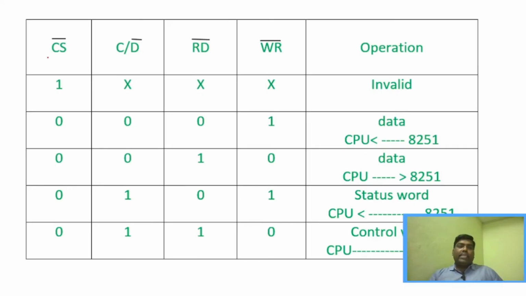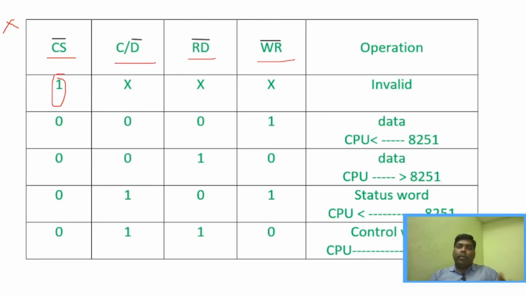So we know that CS is nothing but chip select, and whenever it is 0, it selects the 8251, and whenever it is 1, it does not select the 8251, right? So whenever it is 1, the 8251 is inactive. And whenever it is 0, the 8251 chip is selected. And I already said about the read signal, write signal and C by D signal.